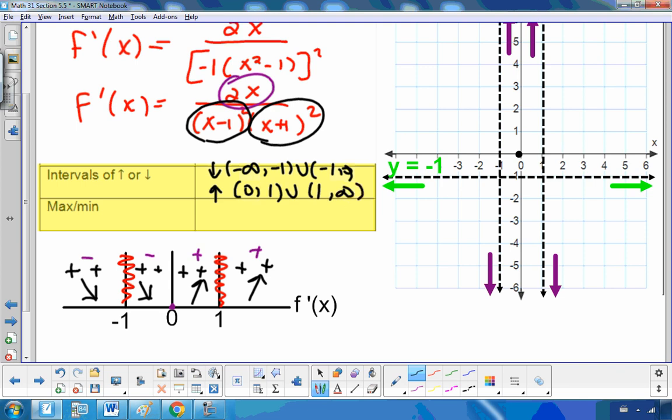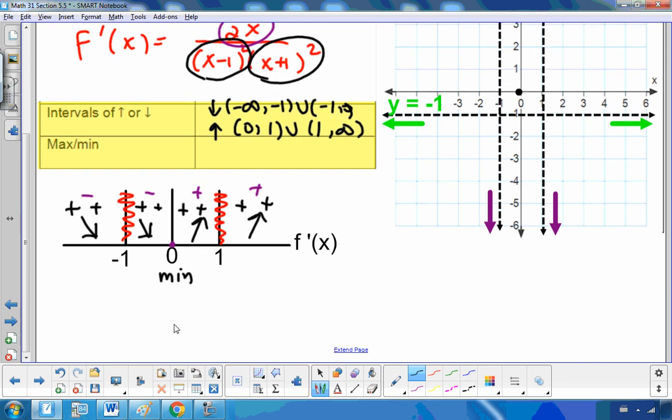Okay, so let's look to see if we have a max or a min anywhere. So here, vertical asymptote, so nothing there. Here, vertical asymptote, nothing there. At 0, see how I'm decreasing to the left, increasing to the right? That tells me I have a minimum at x equal to 0. So when I have a minimum at x equal to 0, let's figure out what the y value is, back to my original equation, and plug in 0.